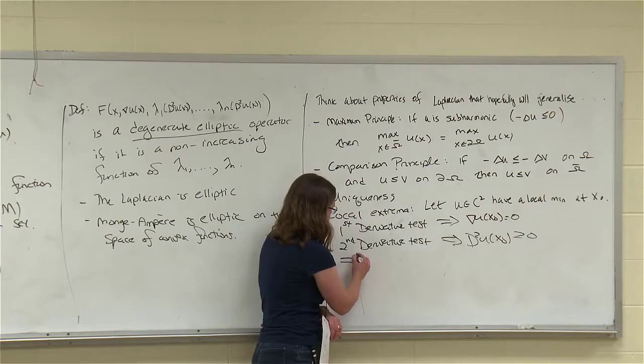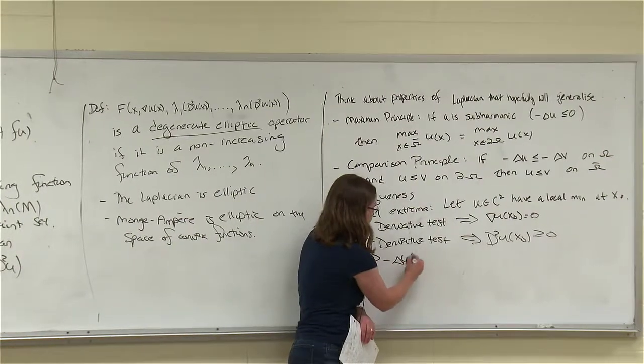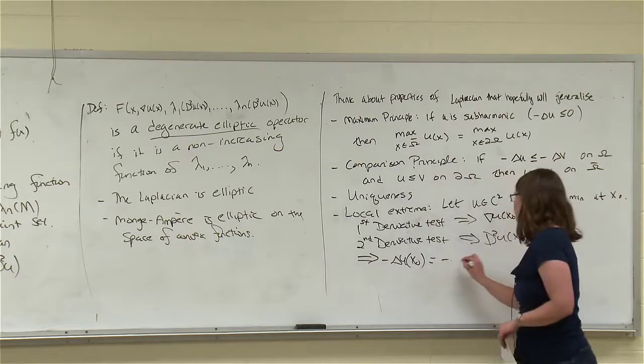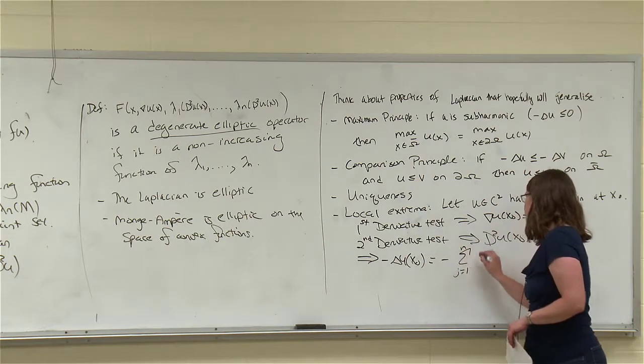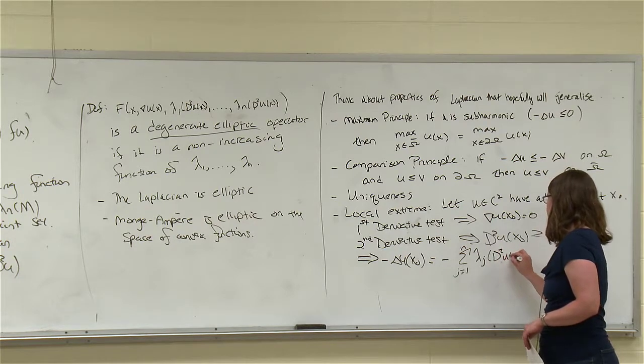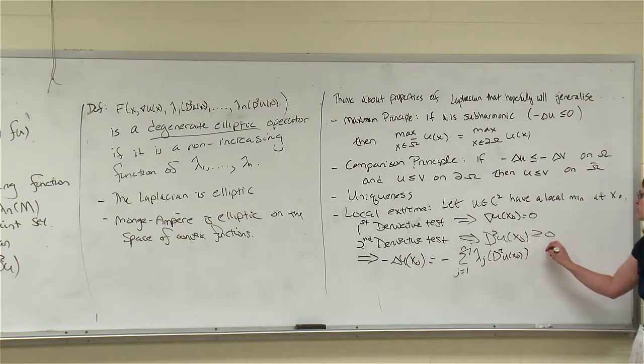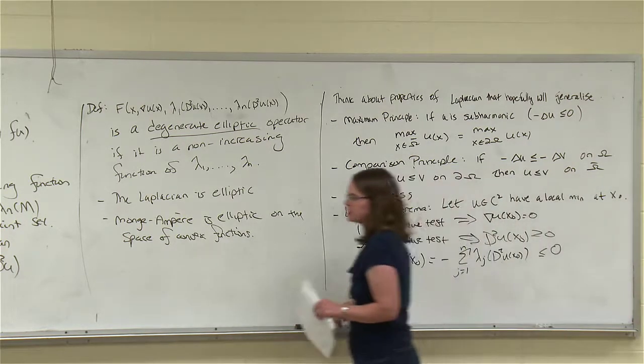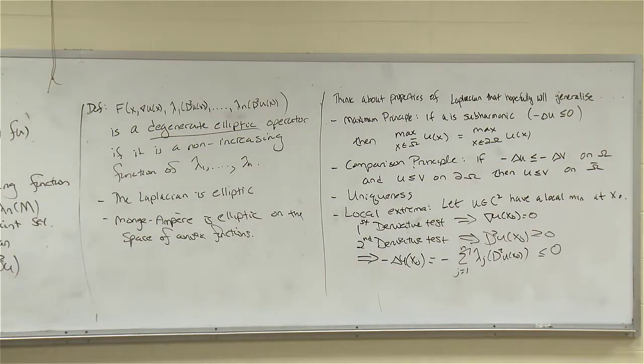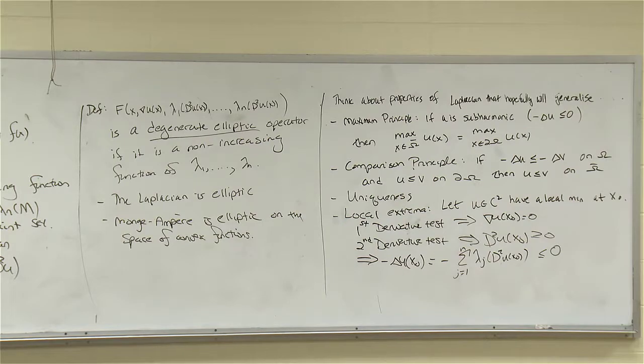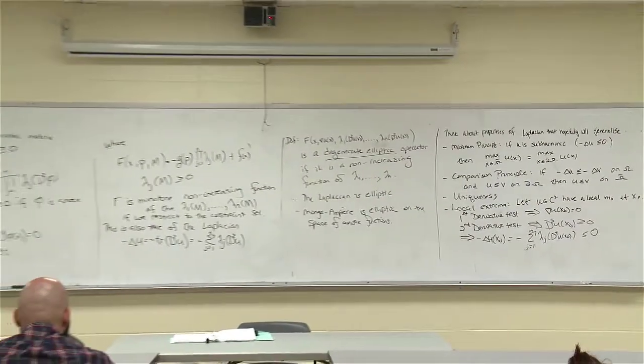So this means that minus the Laplacian of u of x naught, which is the sum of these eigenvalues, is definitely less than or equal to 0. So these are some key properties that you study when you study the Laplacian.